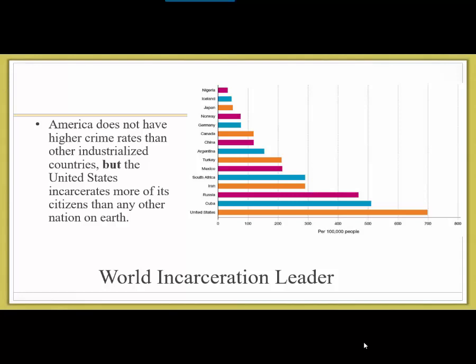Rates is the great equalizer because we're interested in the number per 100,000. And that doesn't really vary depending on whether you're talking about a tiny country or a much larger country. So we incarcerate a little under 700 per 100,000 people in our country.